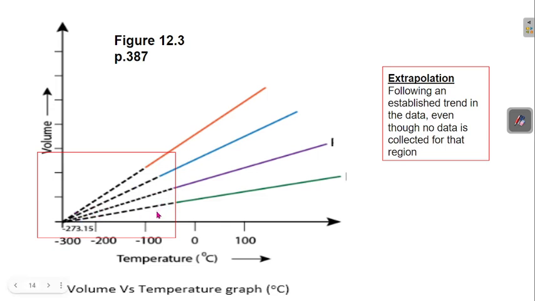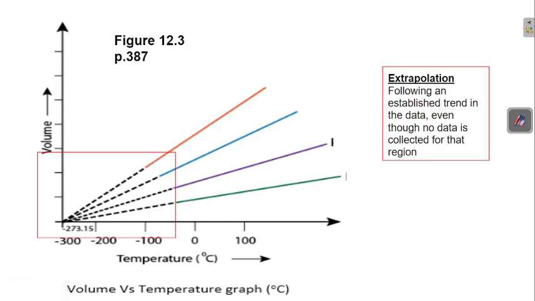The data was not collected for this region, but the trend, so if you use your ruler, put it on top of this, and you continue drawing, it looked like it would go this way. That trend is going that way. And the same for this line, and this line. But no data was collected here. This is just a very good guessing game.